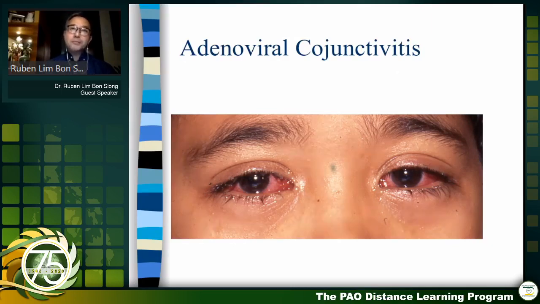With all this quarantine going on and social distancing and hand washing, I believe there should be a decrease in the incidence, or at least the spread, of adenoviral conjunctivitis, because similar to COVID, it's very, very infectious. If COVID is spread through airborne droplets from the nose and mouth, adenoviral conjunctivitis spreads through the tears and discharge.